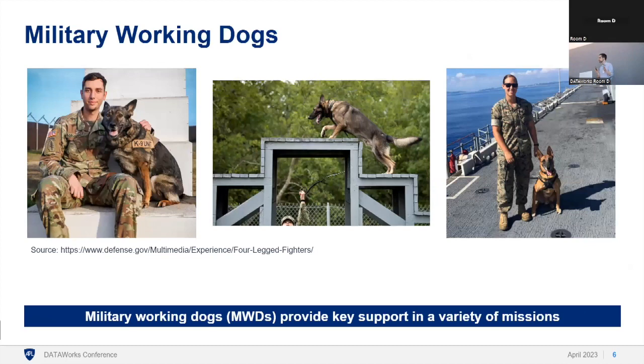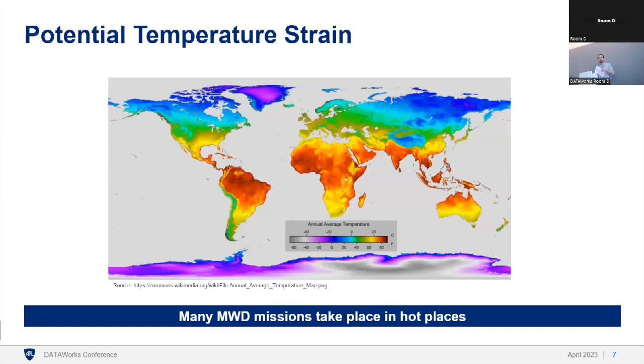As you may know, there are hundreds of military working dogs deployed on missions supporting a variety of branches of the United States Department of Defense. If you think about where the current global conflicts are and overlap those with this map of global temperatures, it's easy to see that some of these missions are going to be in places that are very warm.